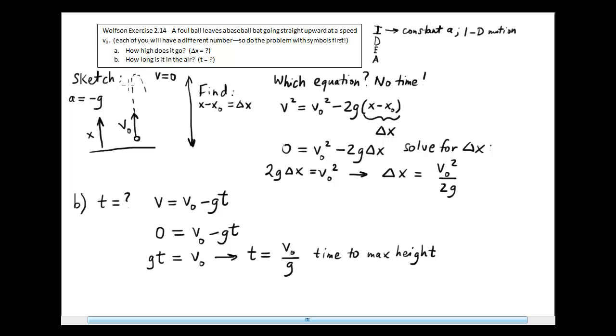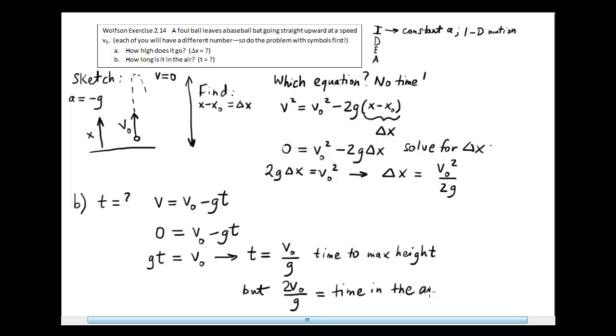So the time it's in the air, because this problem is symmetrical, we're assuming there's no air resistance at all, will actually be twice this time. So 2 v0 over g equals the time in the air.